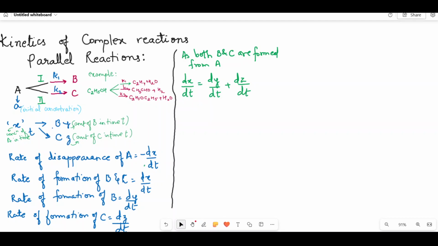Now, once we have reached here, we can assume that the formation of B from A and also formation of C from A are first order reactions.